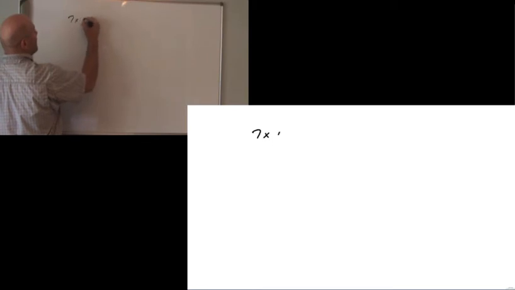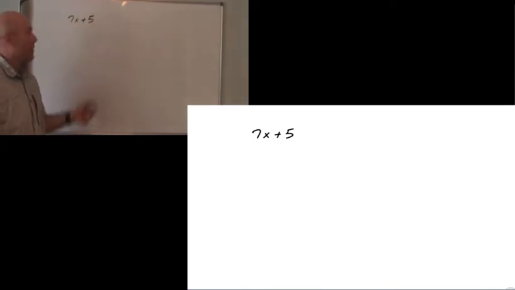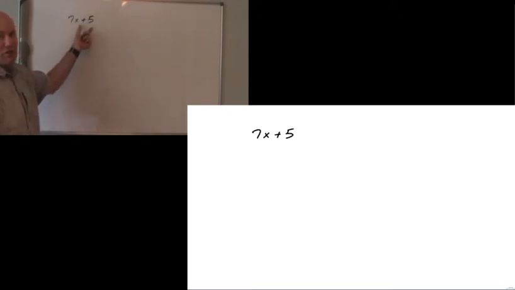Say, for example, I had 7x plus 5. There's nothing specifically given, but the 7x and the 5 are not the same thing. This could be 7 feet, 5 inches, or 7 apples and 5 computers, or whatever the case is. These are not alike because they differ from one another. So these don't combine. All right?